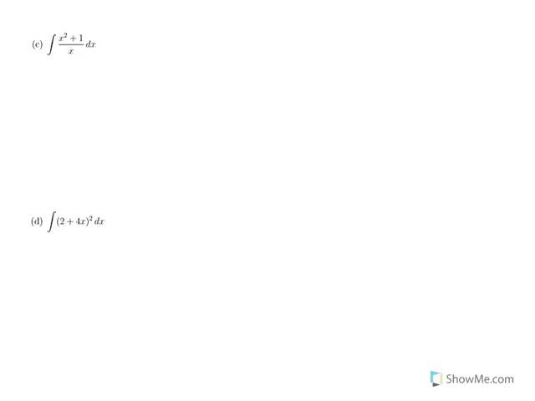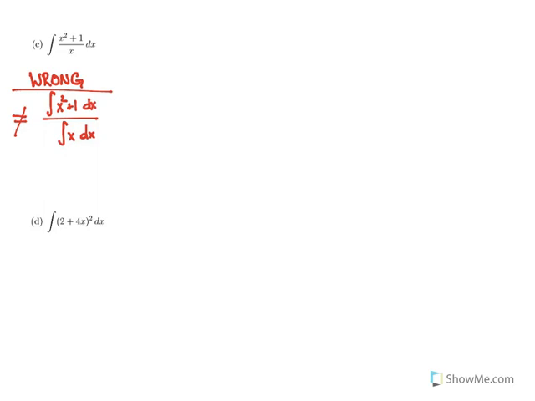So this next one, we have x squared plus 1 over x. And first, I want to talk about what you cannot do. So this is starting off wrong. You cannot do the integral of x squared plus 1 on the top over the integral of x on the bottom. Right?